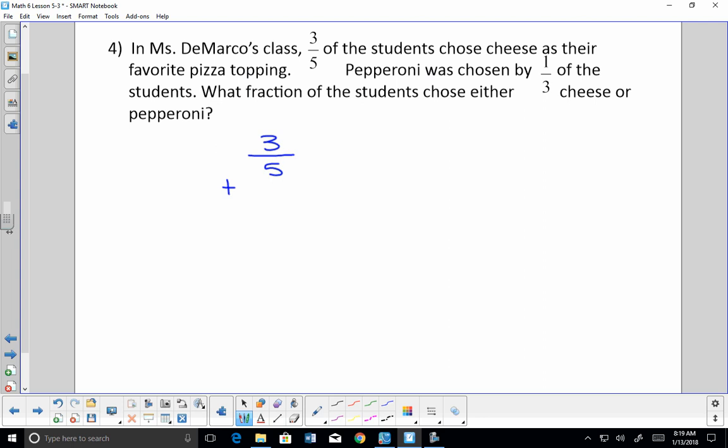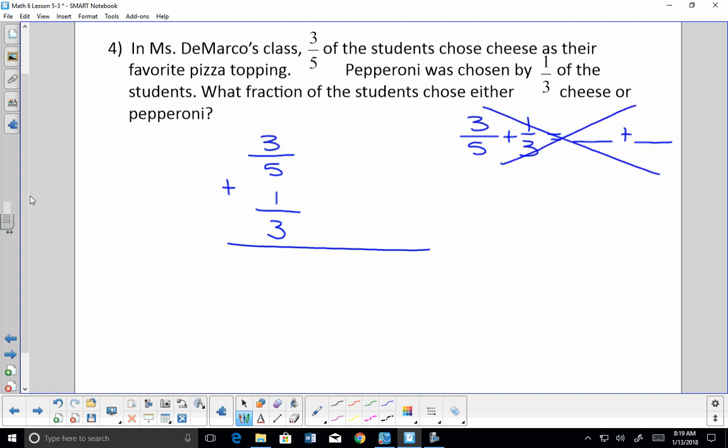Notice how I'm doing my fractions vertically. Please do not do 3/5 plus 1/3 and then try to give me something plus something and make a big long string. This is ugly, messy, and very hard to follow. Don't do it that way. Do it vertically. It's much neater, easier to follow, and you'll be less frustrated.